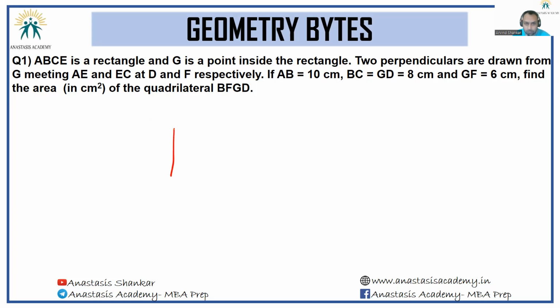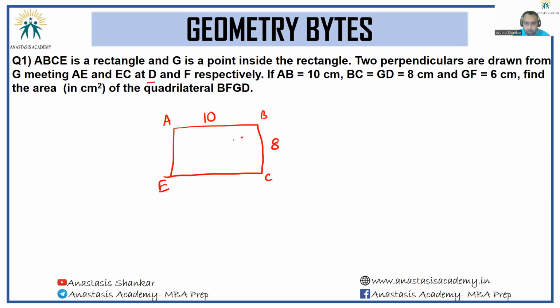Okay, first let me draw a rectangle. A, B, C, E. AB was 10, BC was 8, and GD is also 8, and GF, D is on AE.